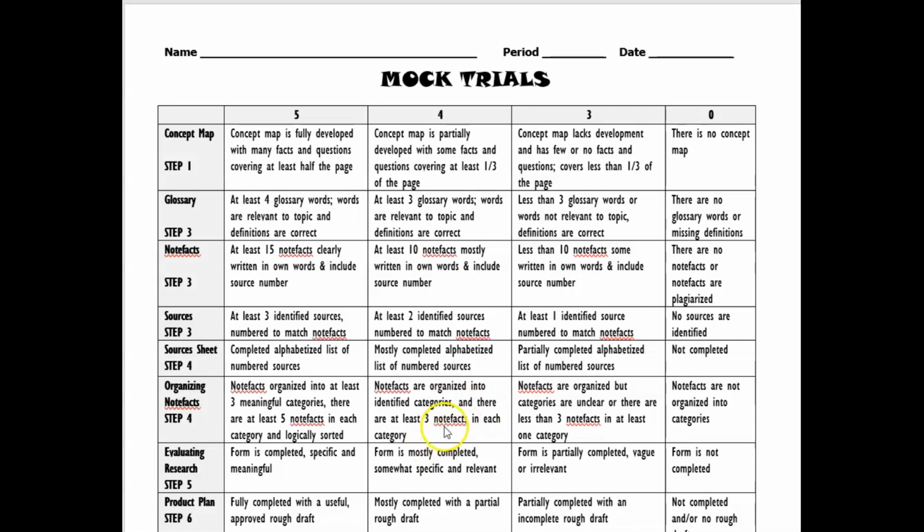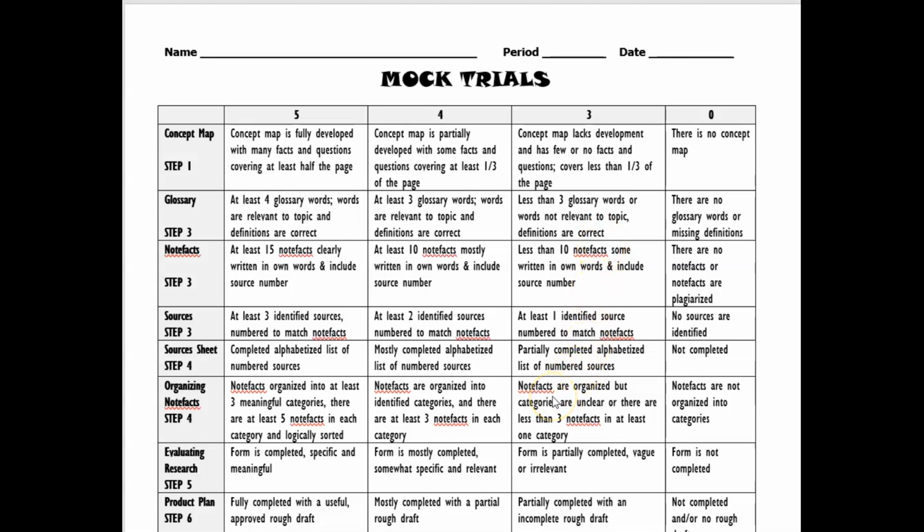And there are at least 3 Notefacts. So if you do more categories, like 4 categories, but there's less than 5, you have 1 category with only 3 in it, you're going to get a 4, not a 5. Okay, and then if you go under 3, you're going to get a 3. So if you have 2 categories with 10 Notefacts in them and 1 with, let's say, 2 Notefacts or 1 Notefact, then you're going to get a 3.